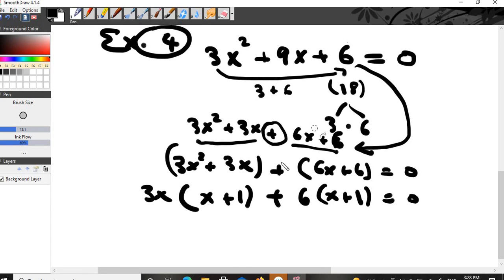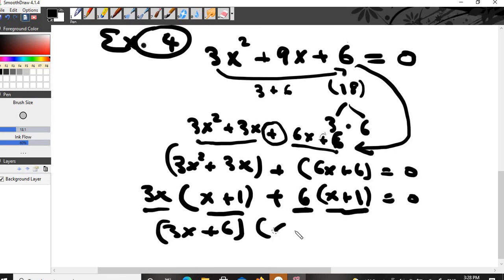Whenever we do factoring, these two brackets must be equal, otherwise we make a mistake. So we must produce equal quantities inside the brackets. Then we group these and take one of the brackets: (3x plus 6)(x plus 1) equals 0.